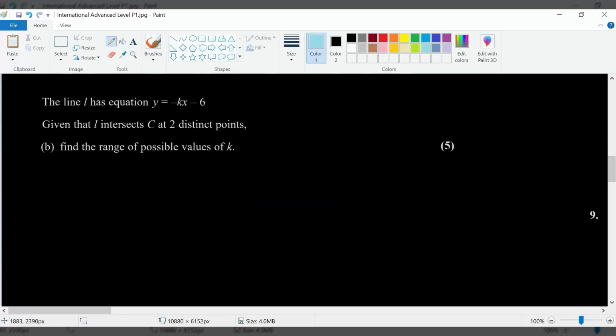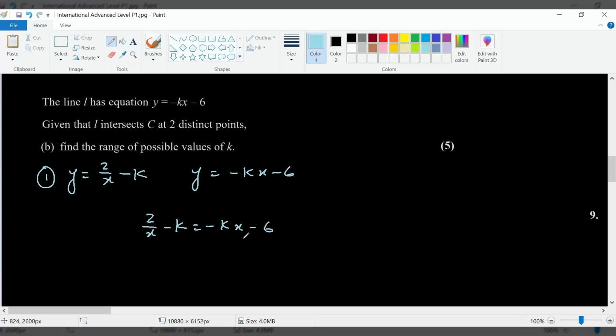Now moving on to the next part of the question. In the first part it says y equals 2 over x minus k. In the second part it says y equals minus kx minus 6. As you can see, both of the equations are equal to y. I can just place, in place of y, 2 over x minus k equals negative kx minus 6. So ultimately we are going to take everything to the other side.